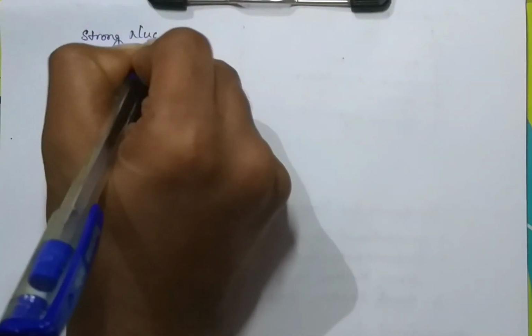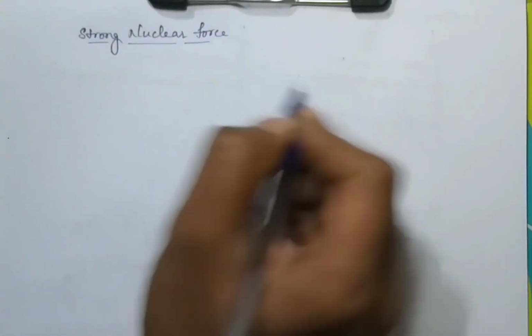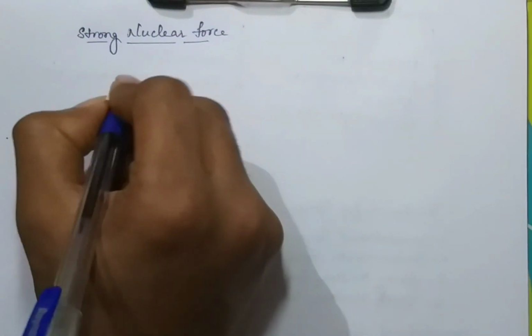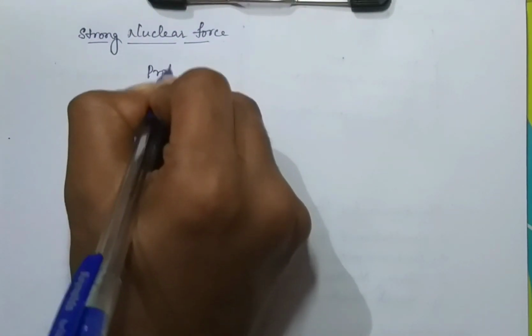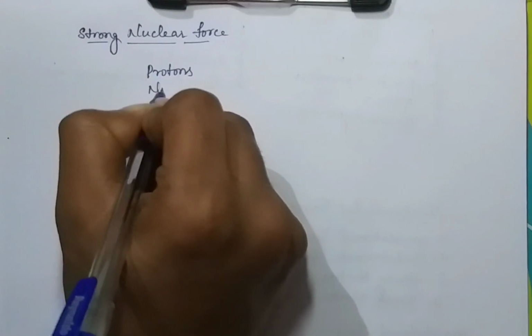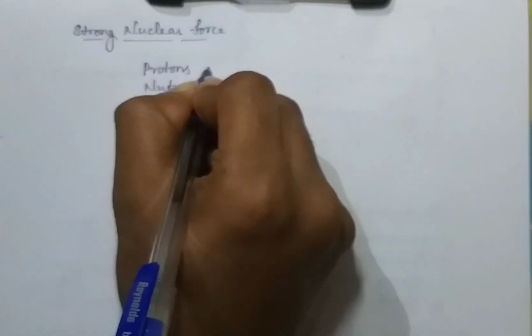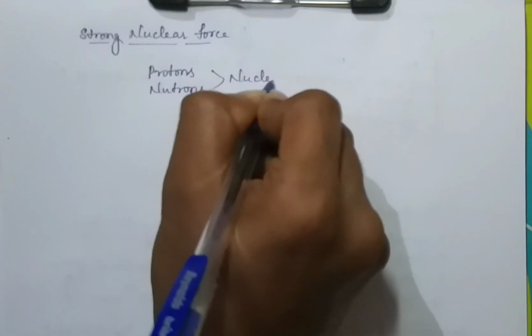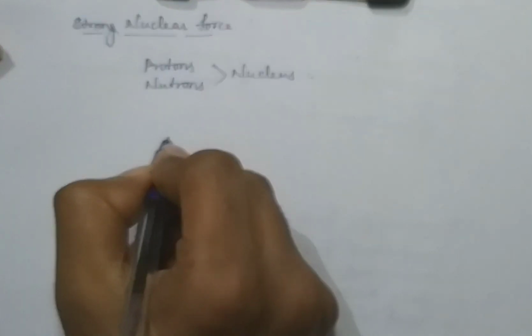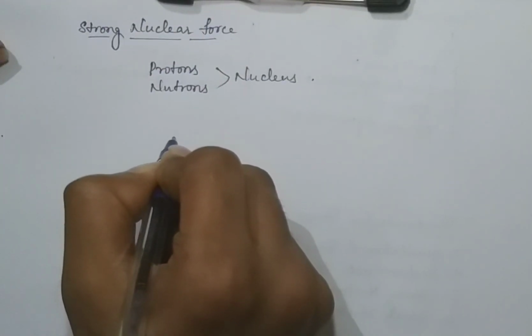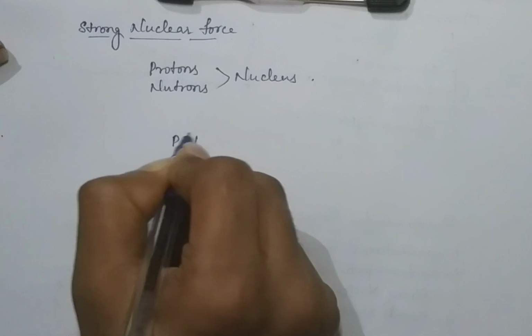Now let's talk about the strong nuclear force, which is the third force. This strong nuclear force binds the protons and neutrons inside the nucleus. We know that the nucleus consists of protons and neutrons.